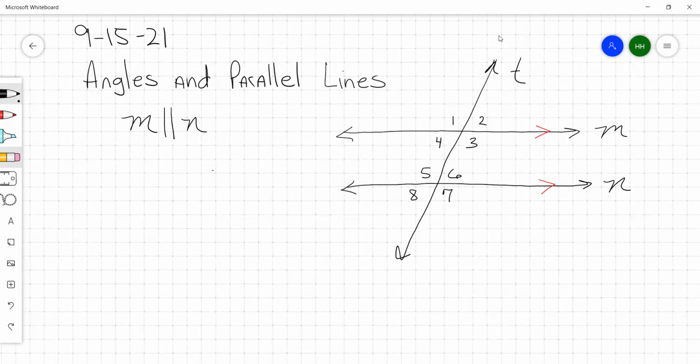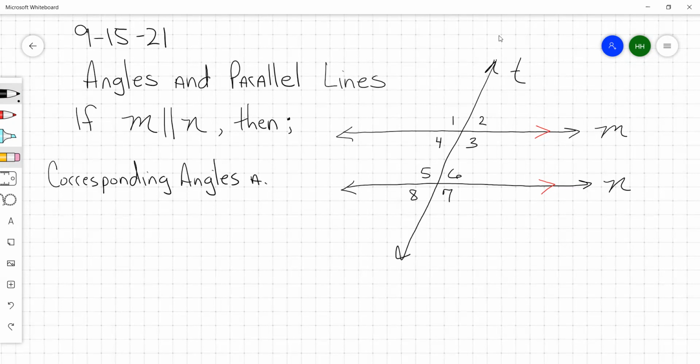If M is parallel to N, then corresponding angles are congruent.